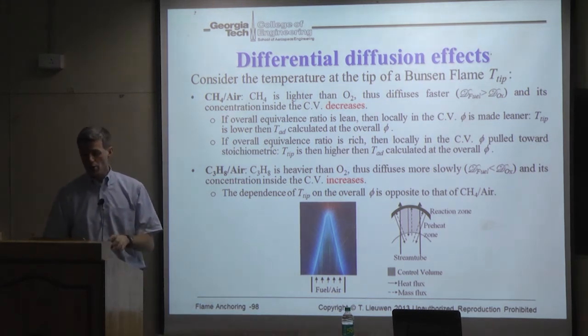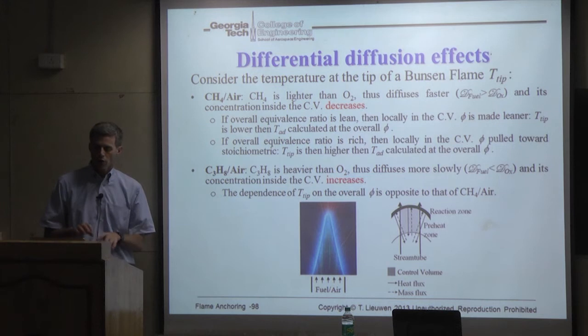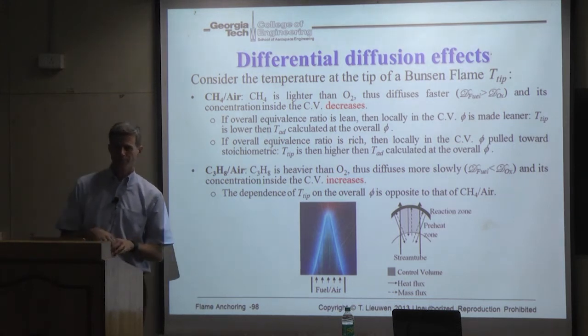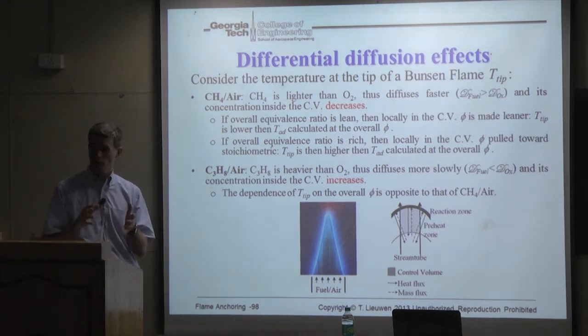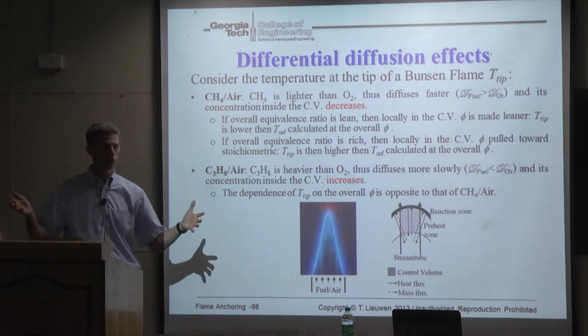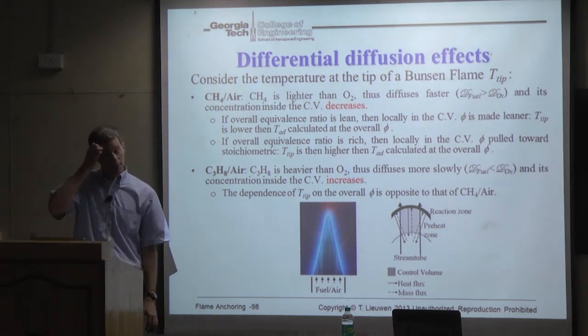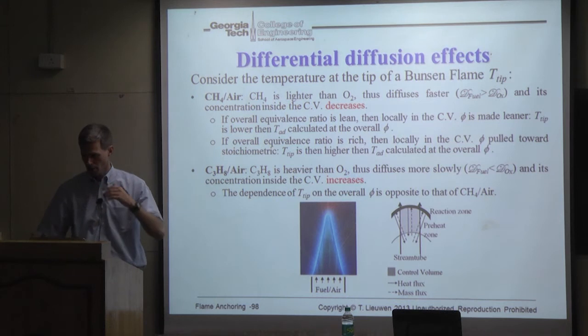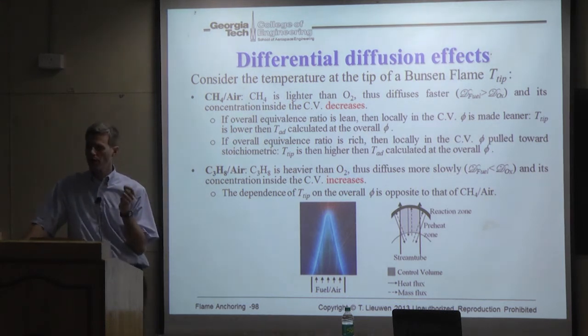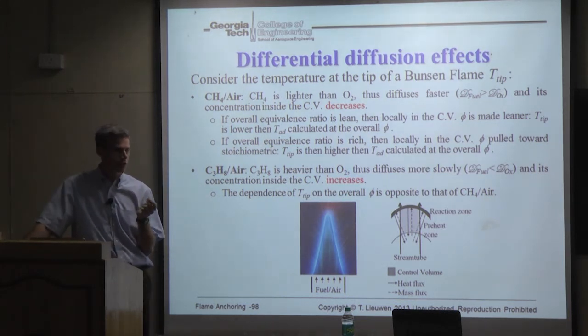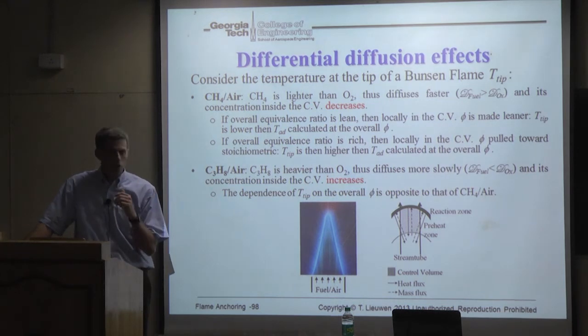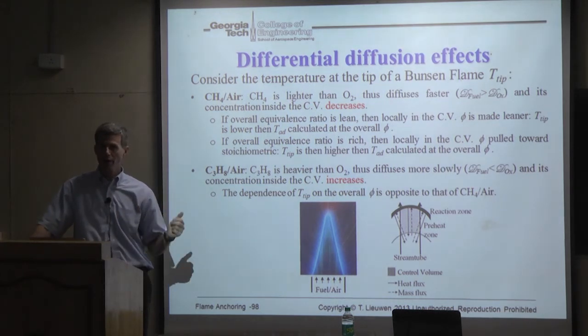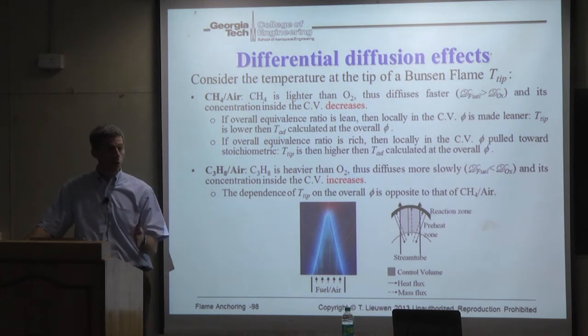So what this shows you is that differential diffusion can change your local fuel-air ratio from your global value of the reactants. If you have perfectly premixed reactants with some fixed value of phi, some fixed value of fuel-air ratio, the local fuel-air ratio at which the reactions are happening can be quite different due to differential diffusion effects.